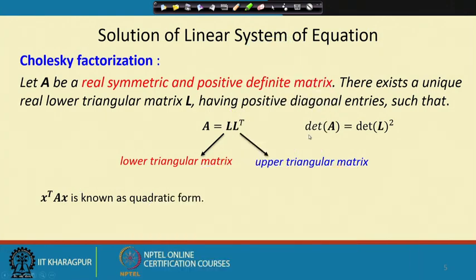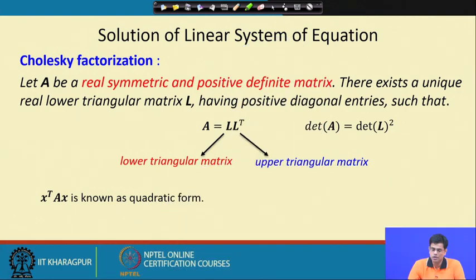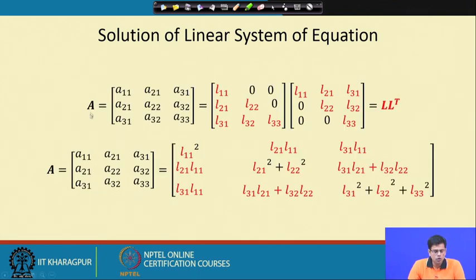Now, how do we solve such a positive definite system of equations, where the coefficient matrix is positive definite? Let us see. As per our definition, a matrix can be decomposed into two factors, like the LU decomposition we learned in the last lecture.